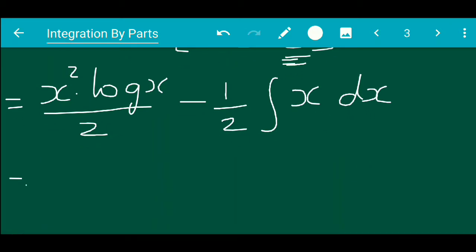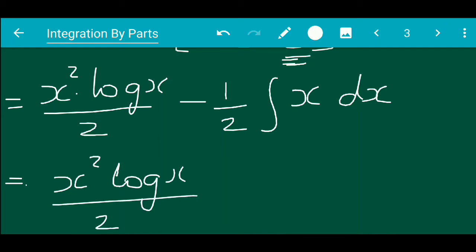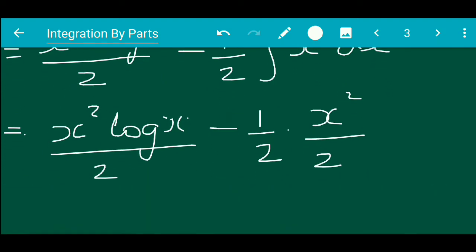So, this becomes x square log x upon 2 minus, now 1 upon 2 as it is, and the integral of x becomes x square upon 2, and thus the sum gets over when we write plus c.